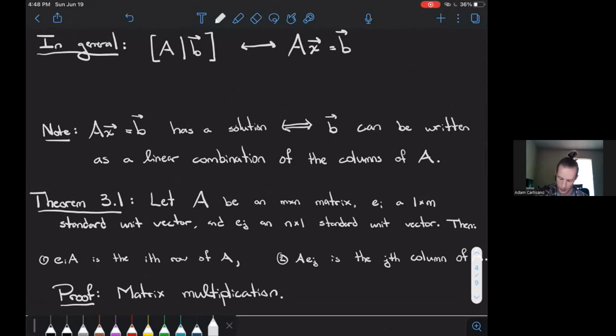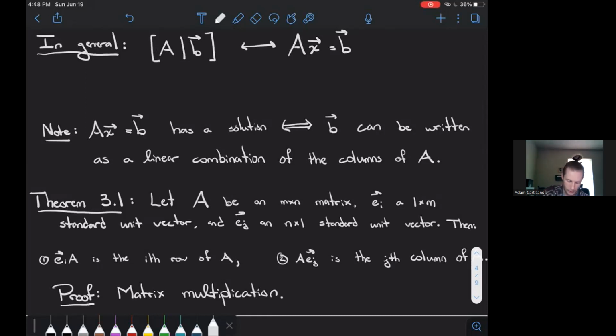Let e_i be a 1 by m standard unit vector. 1 by m means it's one row and m columns, so it's a row vector. It's a length m row vector, standard unit vector, so it's all zeros and a 1. Same for e_j, it'll be n by 1, so it'll be n rows and 1 column, so it's a column vector. And let that one be a standard unit vector.